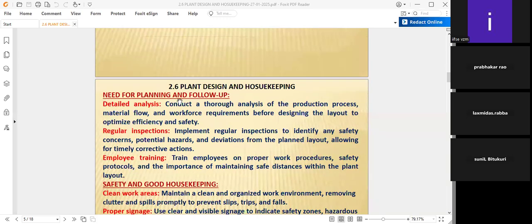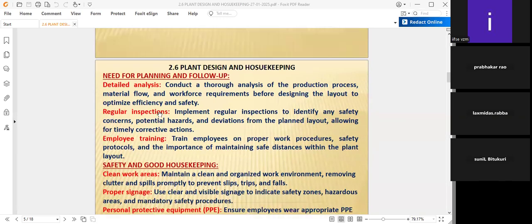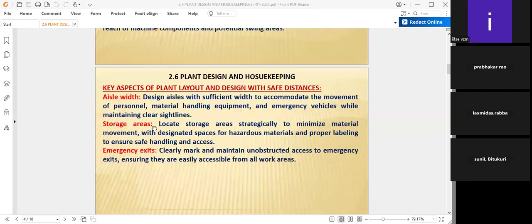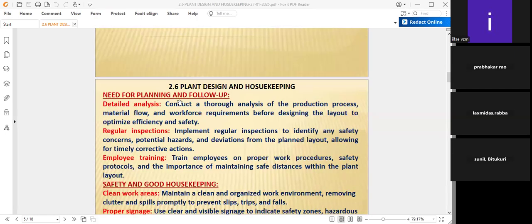The need for planning and follow-up. After the key aspects, we can take into consideration the need for planning and follow-up. Once the design approval is over, we will take all of this into consideration. But during construction by the civil contractor, we have to ensure continuous inspection.